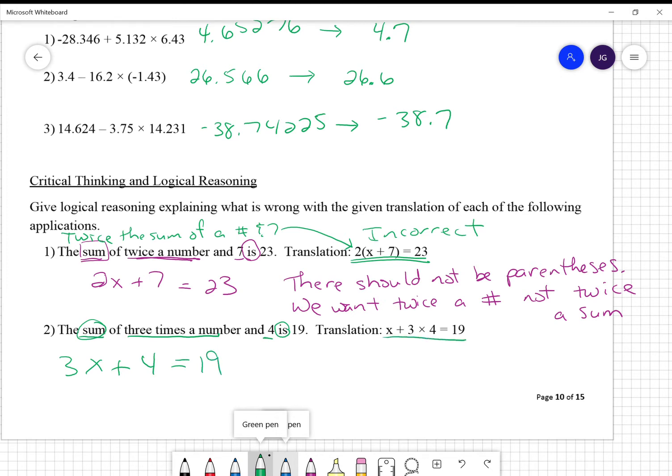What's the problem with their translation? Well, they did 4 times 3 instead of 3 times x. We want 3 times the number x, not 3 times 4.